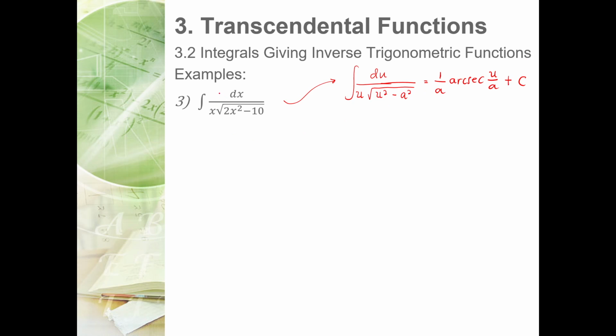If you observe the equation, notice that your u squared, that's 2x squared, and your a squared are not perfect squares. There's no rule that your u squared and a squared should be a perfect square.